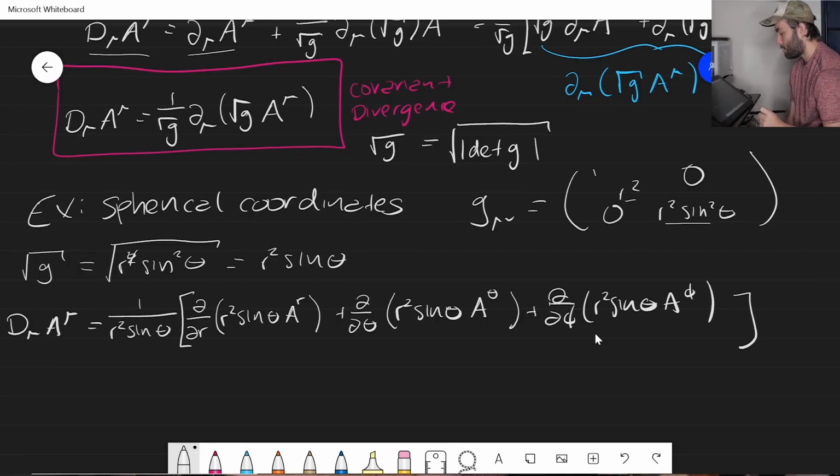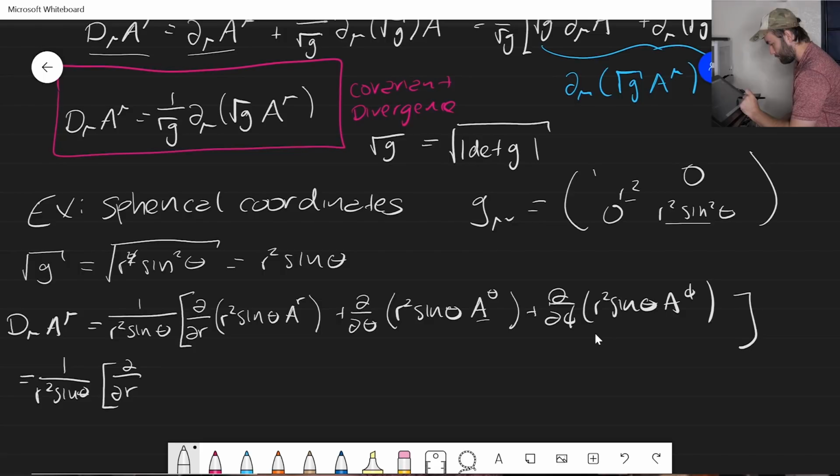Now let's make the substitution of how these contravariant vectors are related to the ordinary vectors. We just divide by the h that corresponds to that element of the metric. So that's going to be equal to 1 over r squared sine theta times d over dr of r squared sine theta a r tilde divided by 1, right?